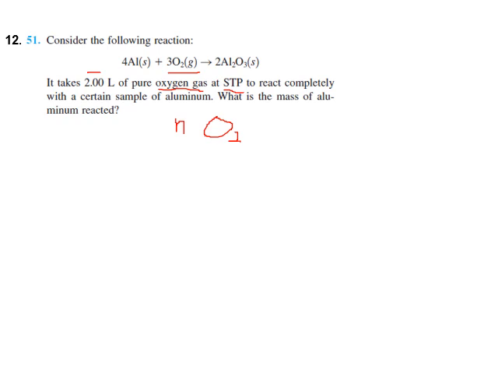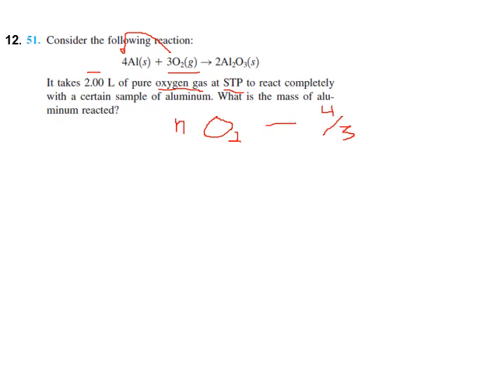Then we use the stoichiometry again, which is 4 to 3. For every 3 of the O2s that we have, we'll use 4 of the aluminums. So once we get the number of moles of O2, we multiply that by 4 over 3. Then we still aren't finished, because we have to multiply by the atomic mass of aluminum.